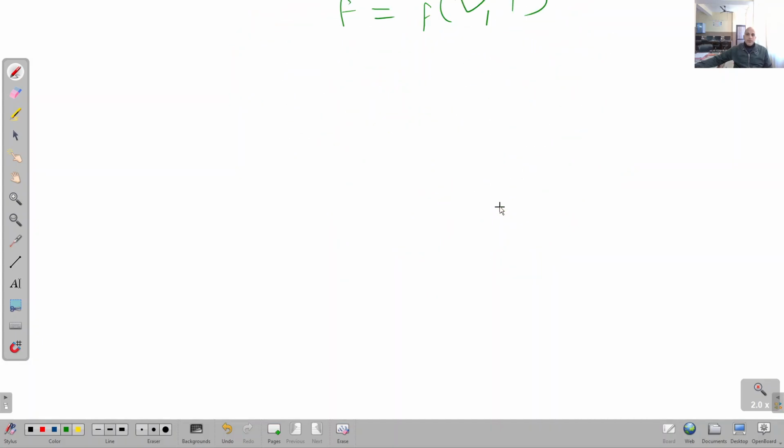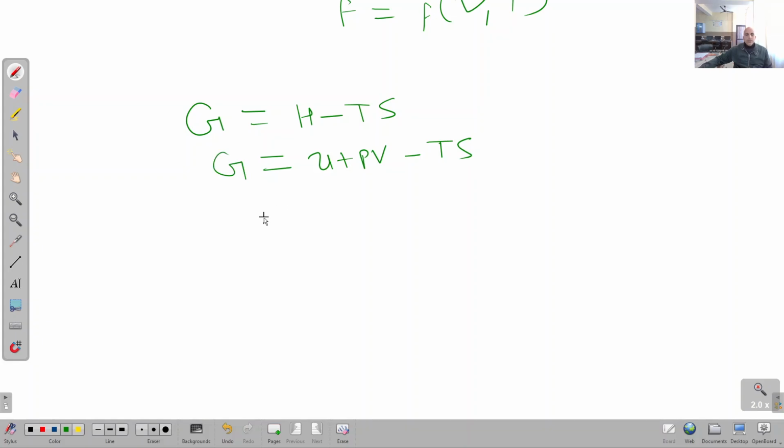Now the last thermodynamic potential was Gibbs free energy G, and G was H minus TS. Clear? The value of H was U plus PV minus TS.